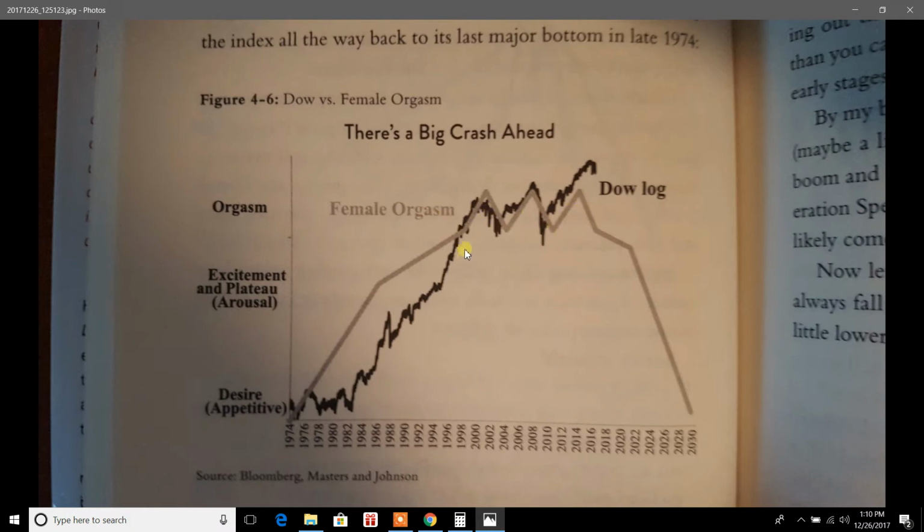So the cycle that we're getting on the Dow Jones, it's cyclical, cycle oriented, and it's following to a T what the female orgasm chart is doing.